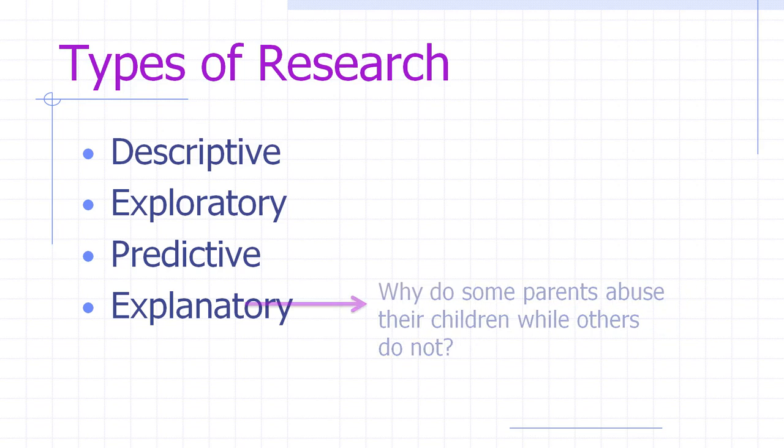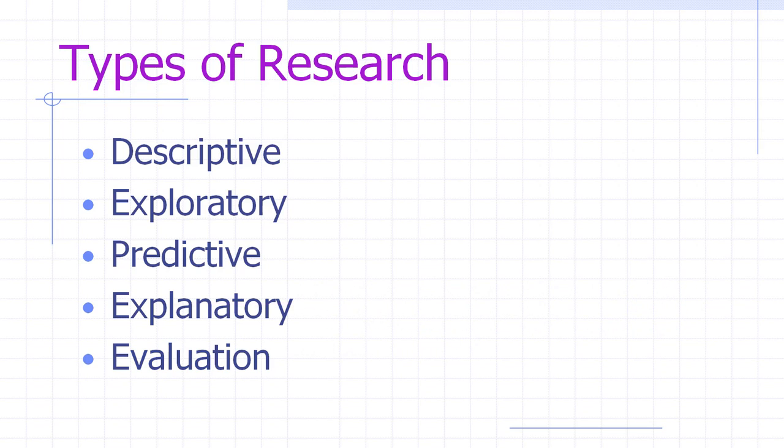And then lastly, we have evaluation, which I mentioned earlier. But if you notice, the word value or part of the word value is in evaluation. We're trying to put some sort of value on a particular treatment or intervention or policy. We want to say, is this of value? Did it work? Is it effective?